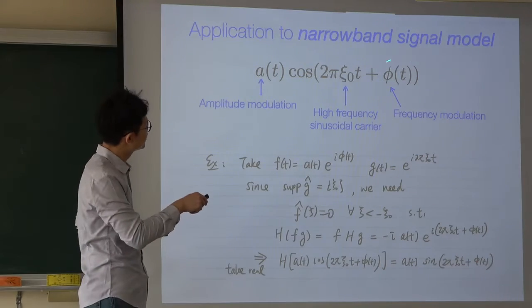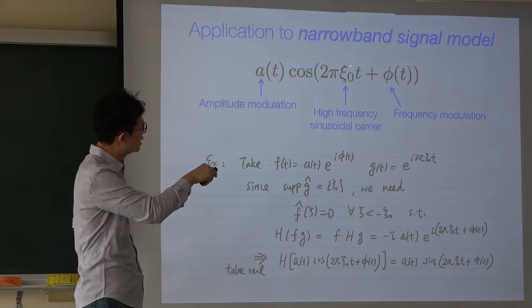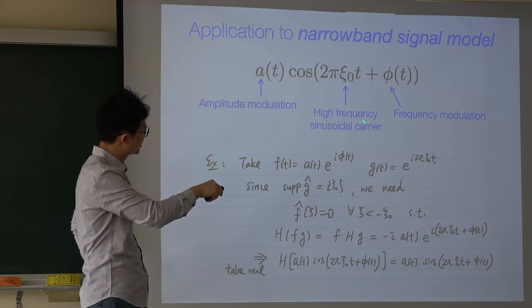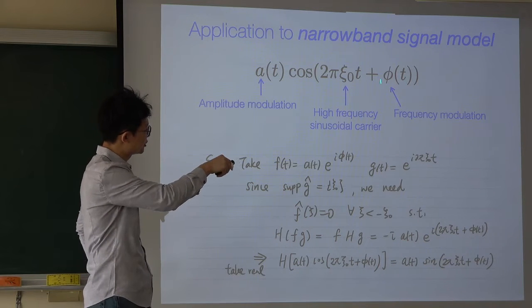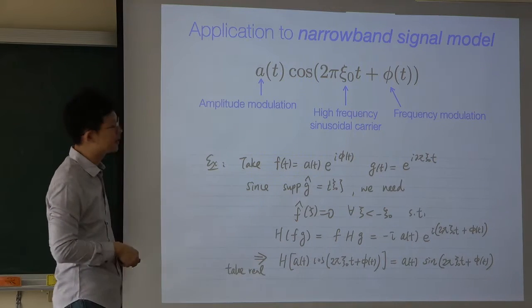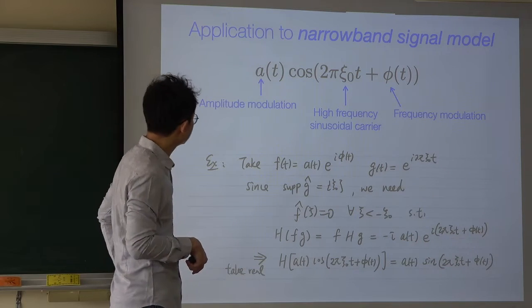So this is slightly different from what we discussed, because before we had 2 pi phi of t, but now this c0 t is a sinusoidal carrier or carrier frequency, and you have some modulation. That is the model, which is called the narrow band signal model.